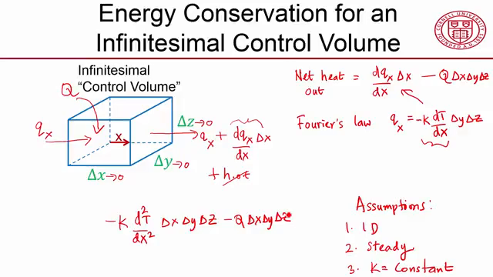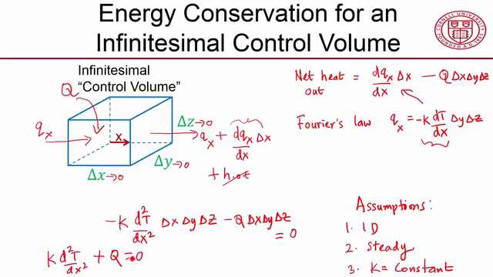If energy is conserved, and I have no other effects, the heat going out minus the heat added should be equal to 0. I can divide through by delta x, delta y, delta z, and I'll get my final governing equation, which will look like minus k d squared T dx squared minus Q equal to 0.